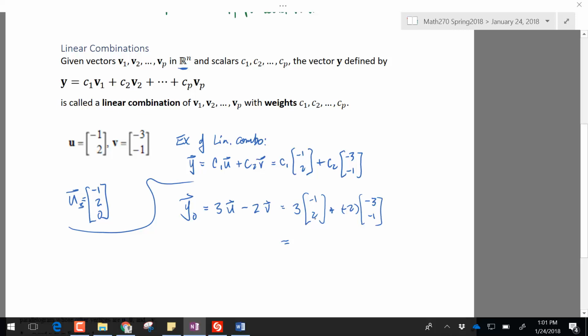You scalar multiply and then you add. So -3 and 6 plus +6 and +2. Then this is going to be 3 and 8. Okay.